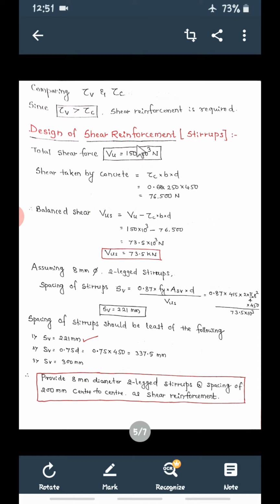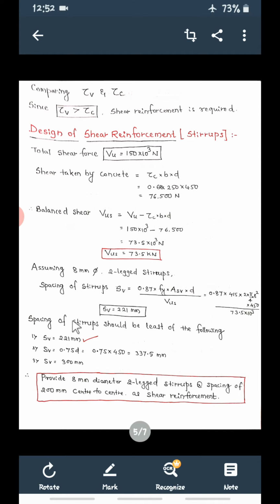So 150 into 1000 Newton minus 76 into 10 raised to 3 Newton. So the remaining is 73.5 into 10 raised to 3 Newton, divided by 1000 it becomes 73.5 kilonewton. Who has to take this? This has to be taken by the shear reinforcement, that is stirrups.